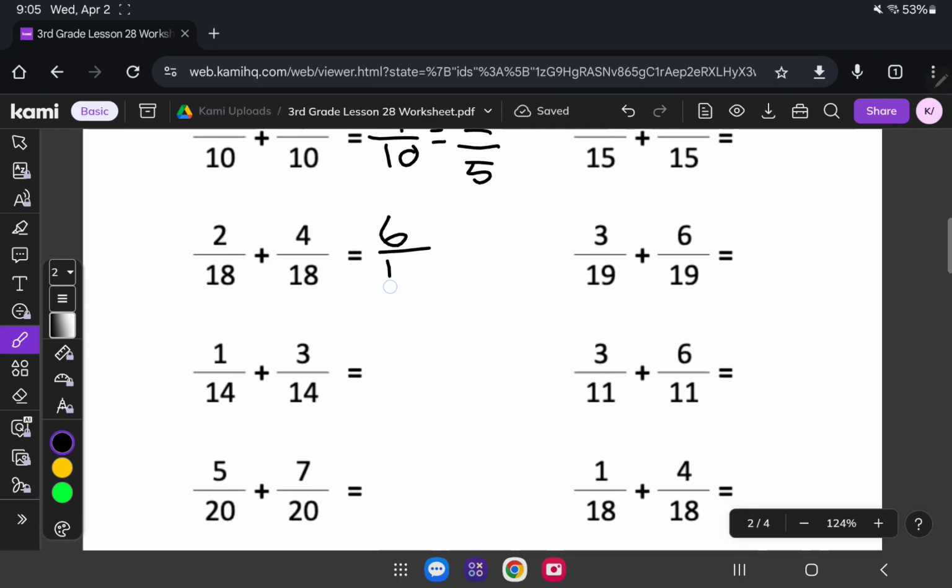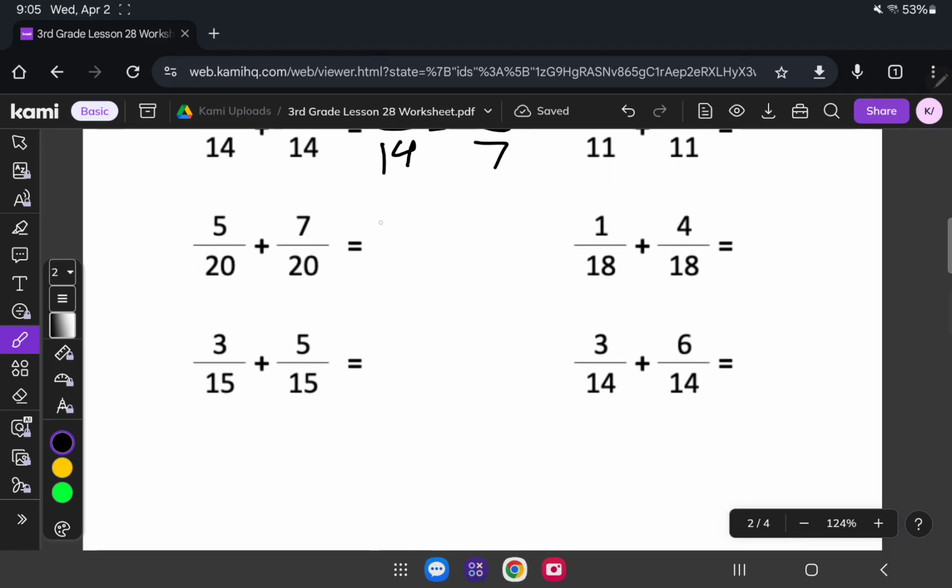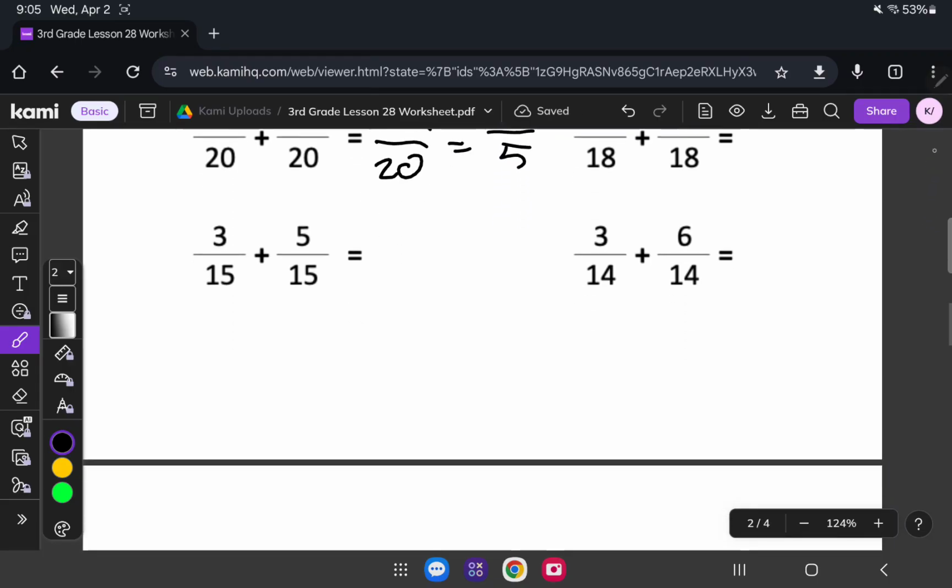This is 6 over 18, which is also 1/3. This is 4 over 14, which is also 2/7. This is 12 over 20, which also equals 3 over 5.